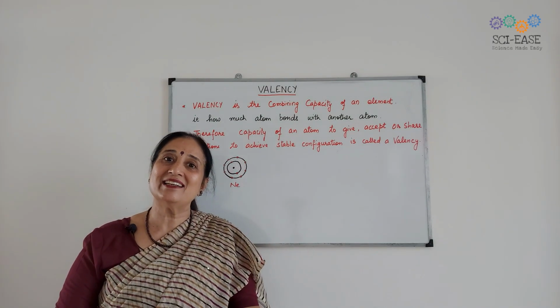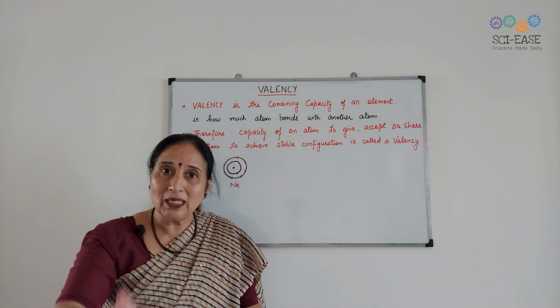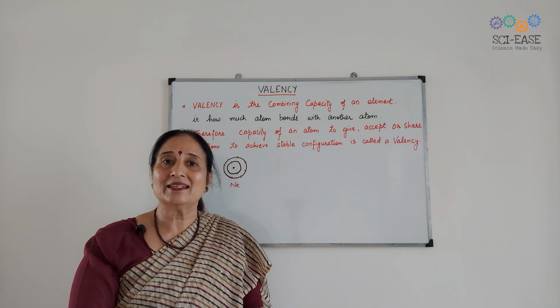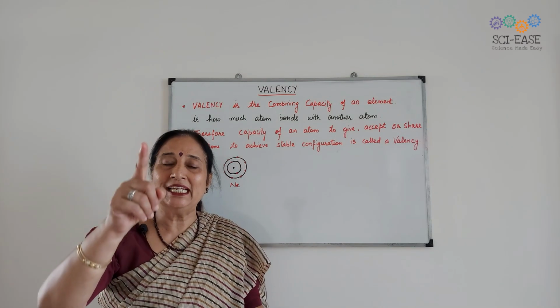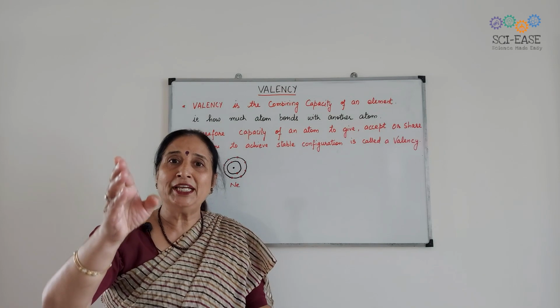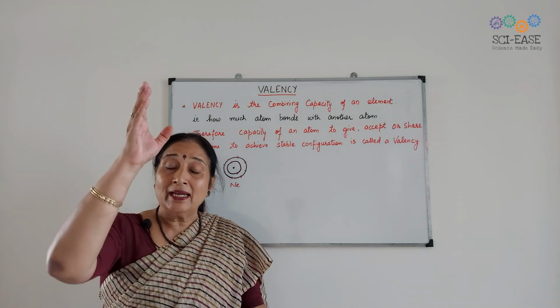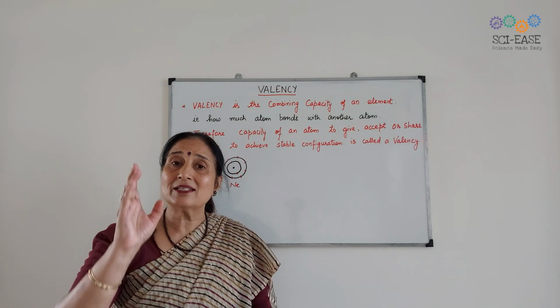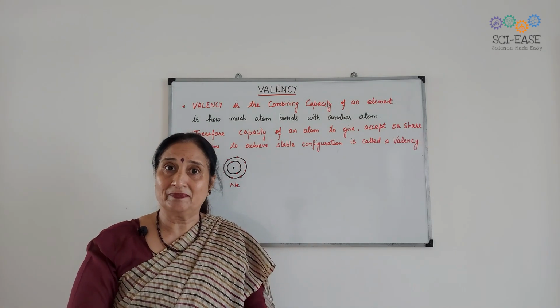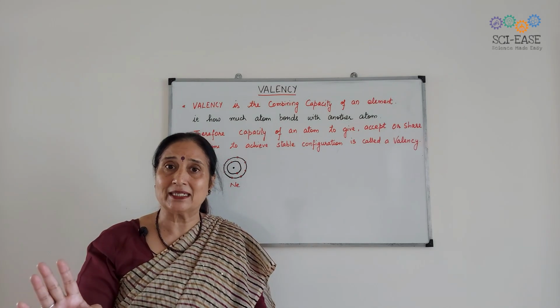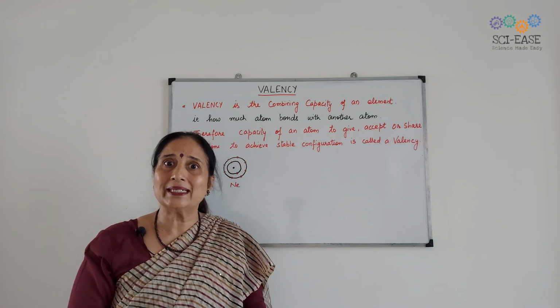In all the inert gases, starting from helium, neon, argon, krypton, xenon, the octet is complete. In helium, the duplet is complete.